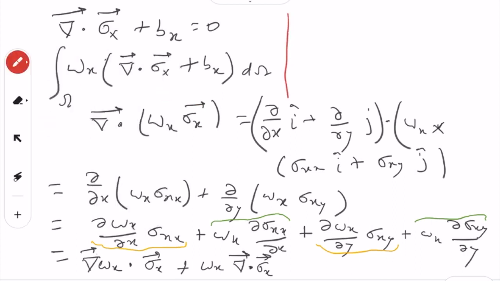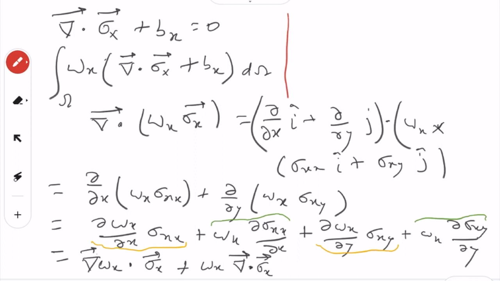So what we got is divergence of wx sigma x is equal to gradient of wx dot sigma x, okay, plus, or rather let's write the final what we are going to use.